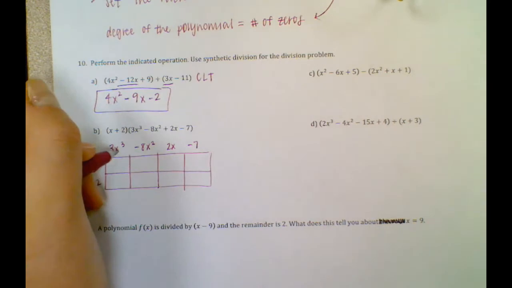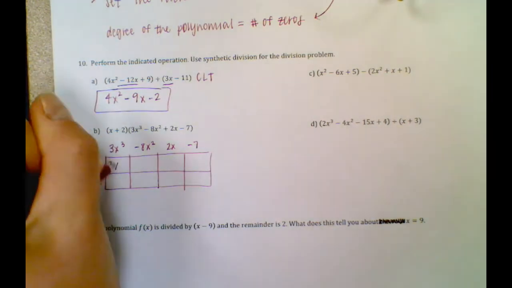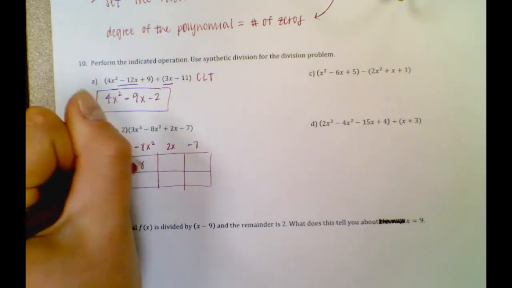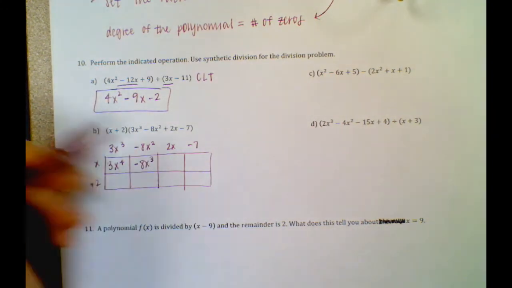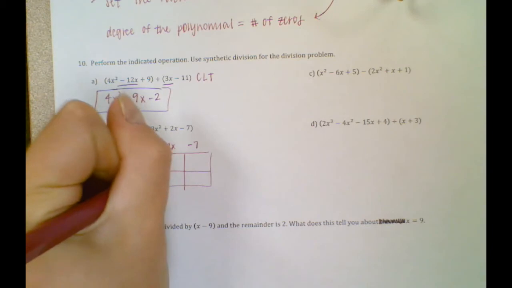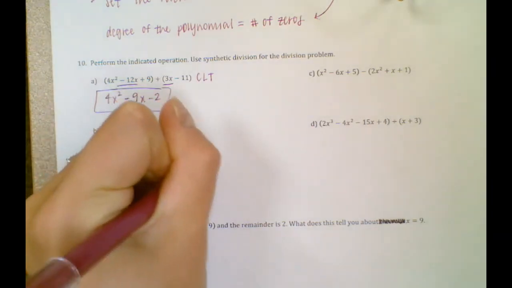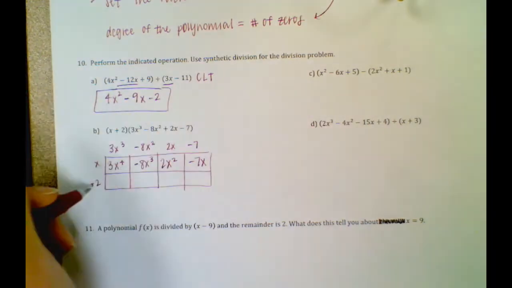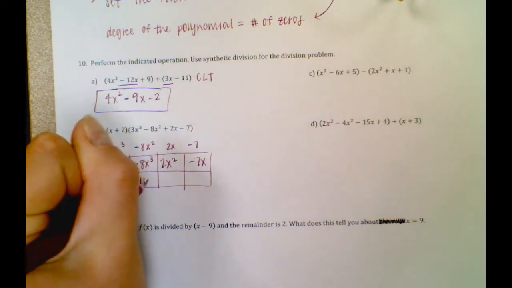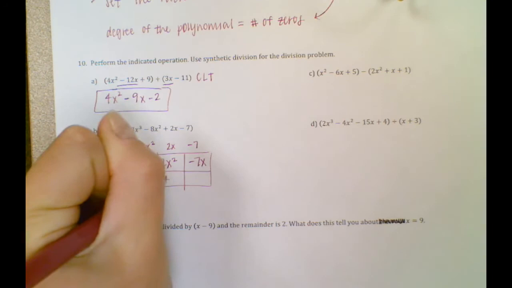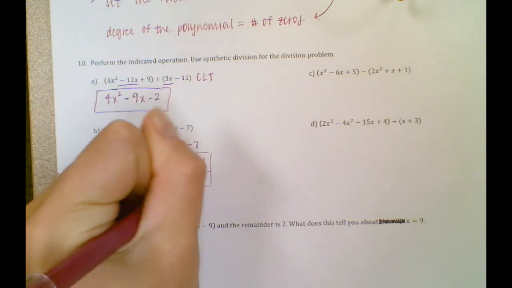So 3x to the third times x is 3x to the fourth. This would be minus 8x to the third. I'm just going to multiply all these by x, essentially, right here. So 2x squared minus 7x. And then I'm going to take all these terms and multiply them by 2. So 6x to the third minus 16x squared, 4x minus 14.